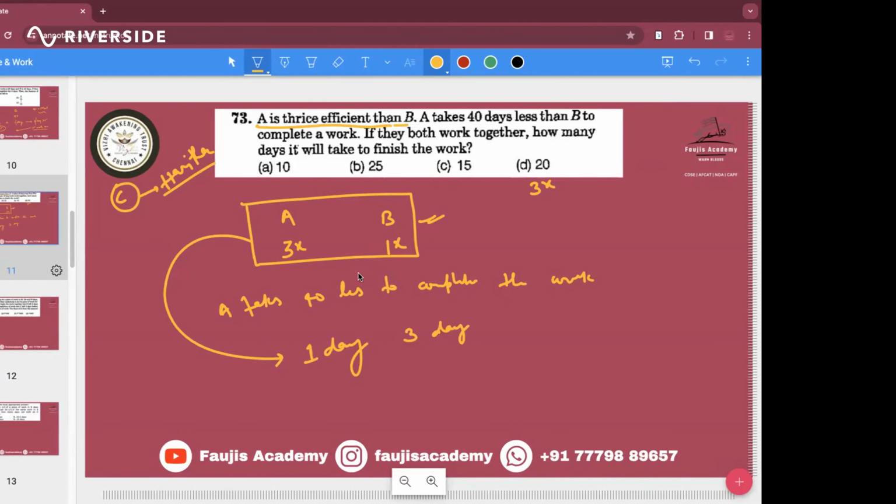The point I'm trying to make is about the days and the efficiency of these two. If their efficiency is x and 3x, and A takes 40 days less, then 3x minus x, the difference of their efficiency, will be 40, right?